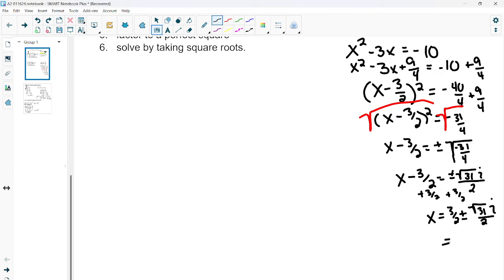I can leave it this way, that's perfectly fine. Or I can write 3 plus or minus the square root of 31i over 2.